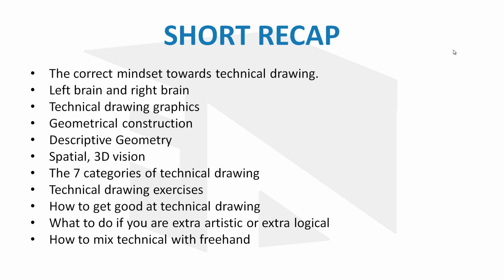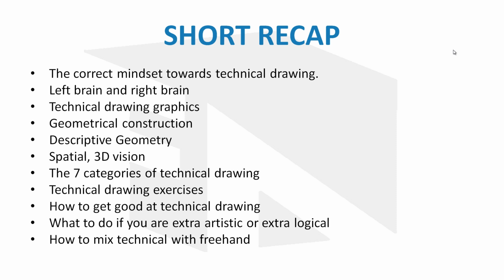So a short recap: the correct mindset towards technical drawing, we talked about that. The left brain and right brain, and how technical works with both, we talked about that. The graphics that you could use to get good at technical. Geometrical construction as a principle. Descriptive geometry and how it builds up spatial and 3D vision. The 7 categories of technical drawing that you need to master in order to be good at technical.